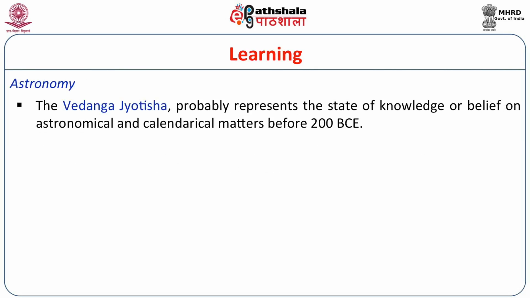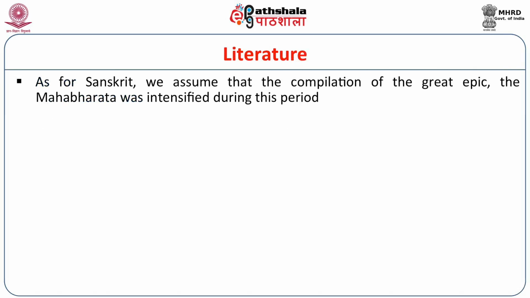In the sphere of astronomy, Vedanga Jyotish, which probably represents the state of knowledge or belief on astronomical and calendarical matters before 200 BCE, could be roughly put in the Mauryan context. In literature, we can probably assume that the compilation of the epic Mahabharata was intensified during the Mauryan period.